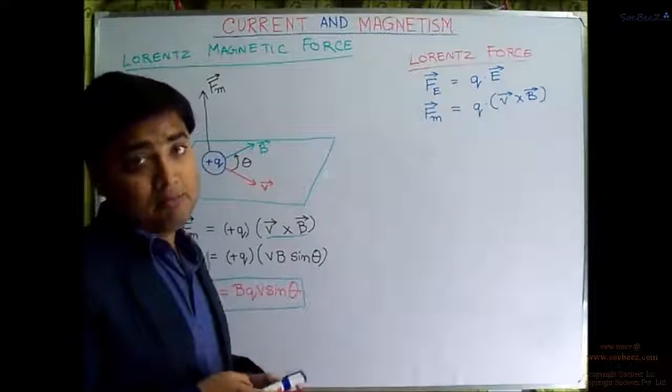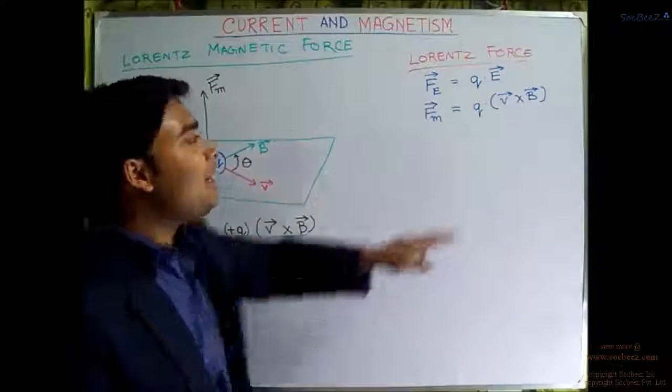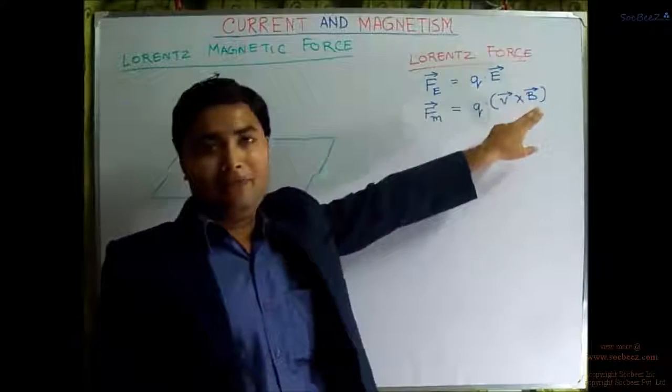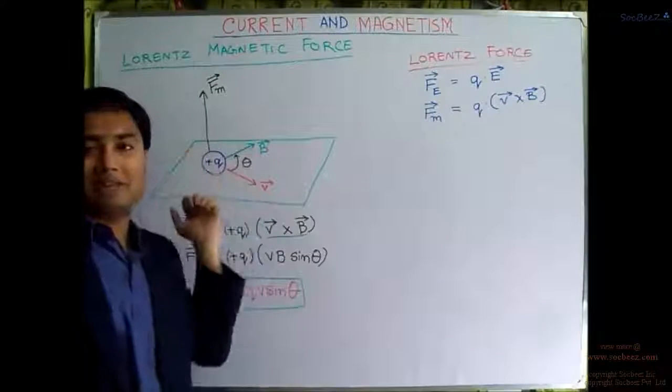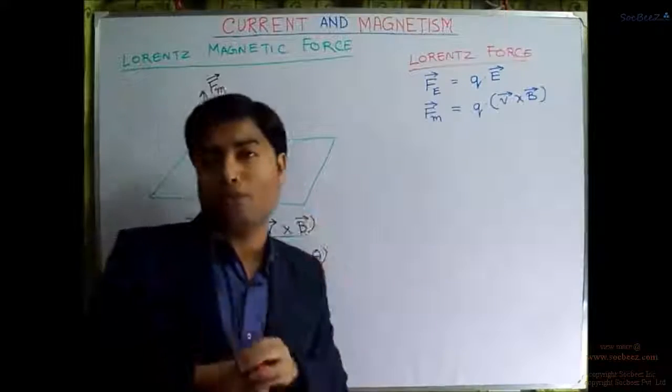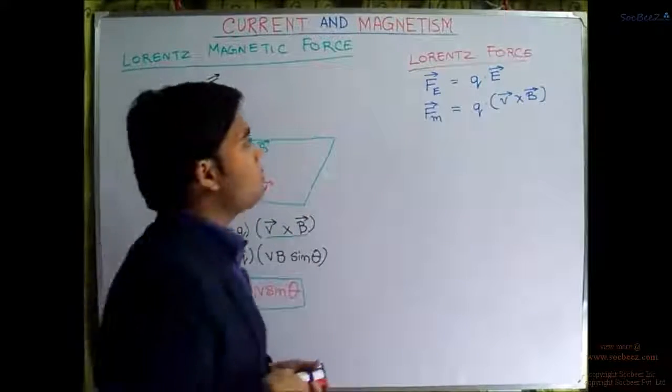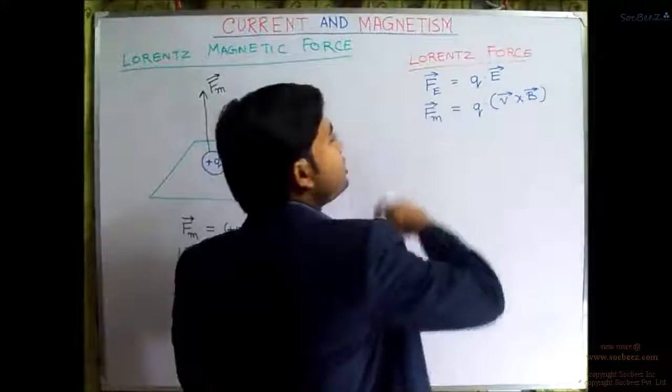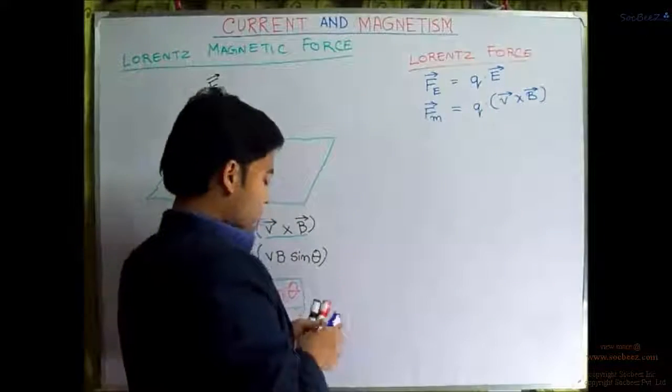Now, if both the electric field and the magnetic field are present in these circumstances, what will be the value of the total force? This kind of total force is known as the Lorentz force.